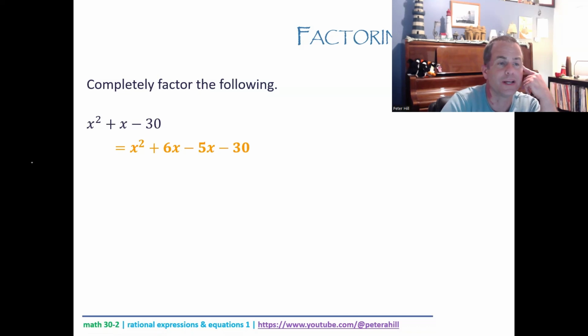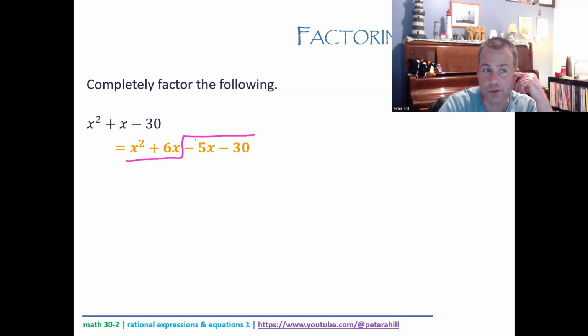Okay. So again, I'm going to take a look at this and say, let's factor the front two, factor the back two. What can I take out of an x squared and a 6x? I can take out an x and I'd be left with x plus 6. In the back term, I would take out a negative 5.